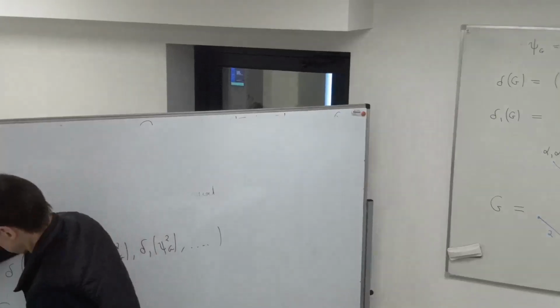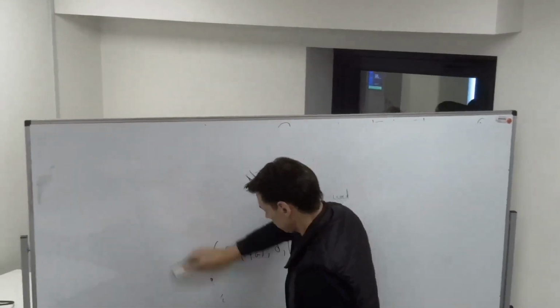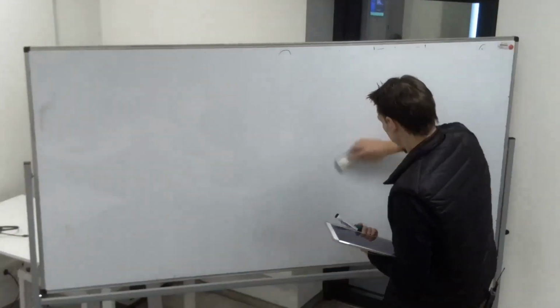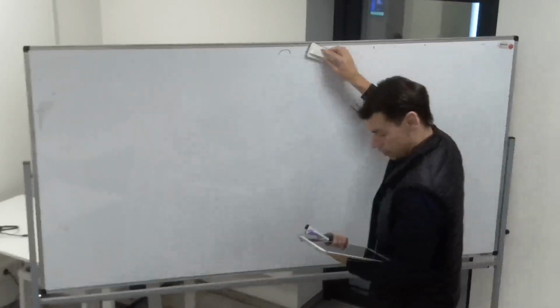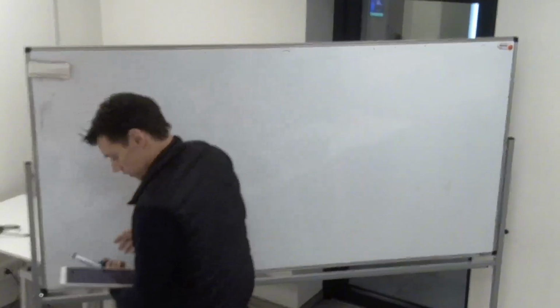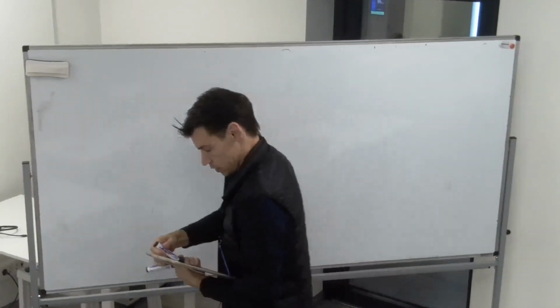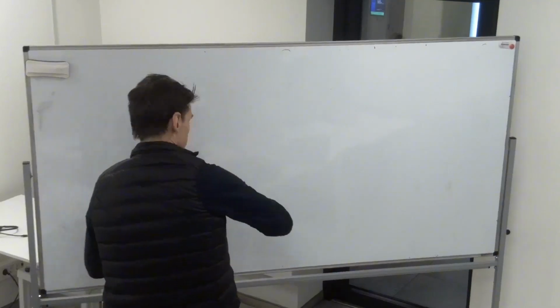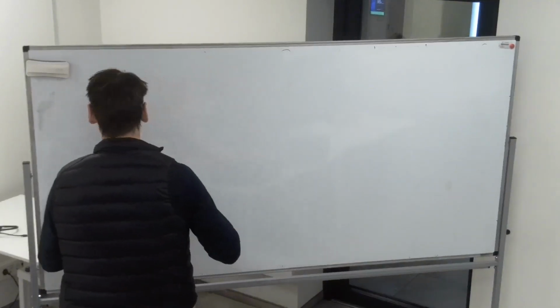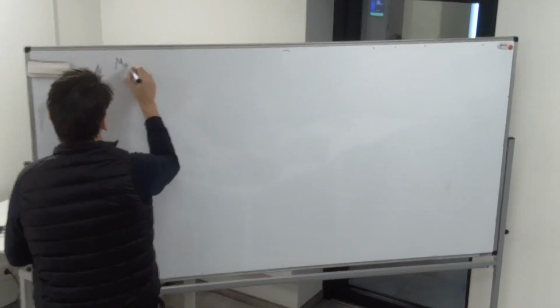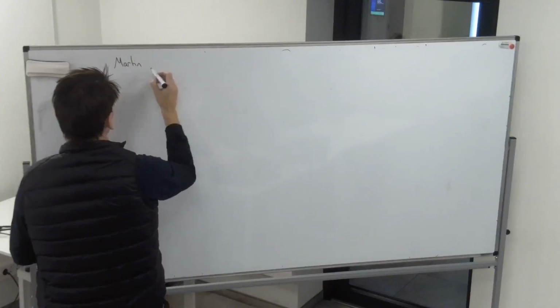And so that turns out to be a very interesting combinatorial invariant, which is kind of old, but it's kind of new. This is what Panzer and Yates called the Martin invariant.